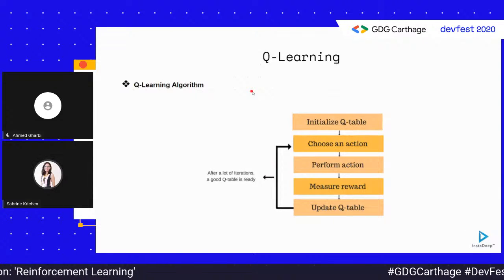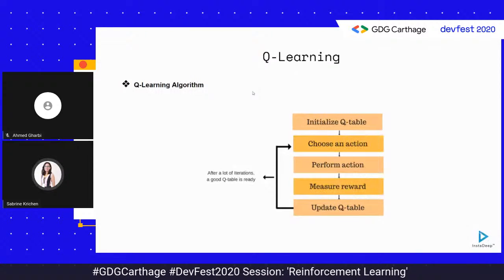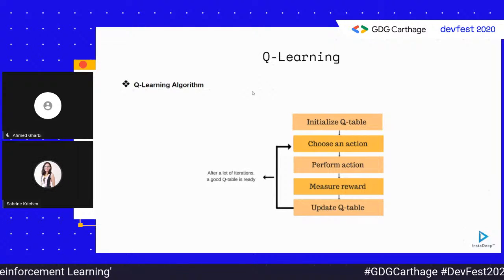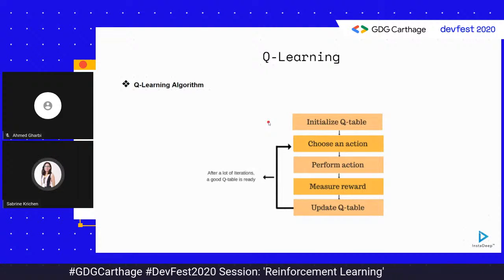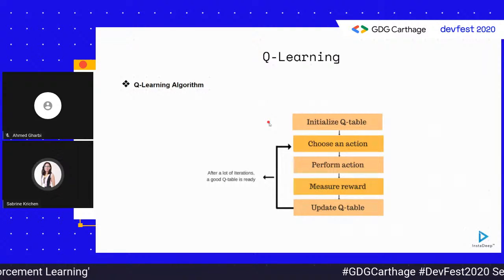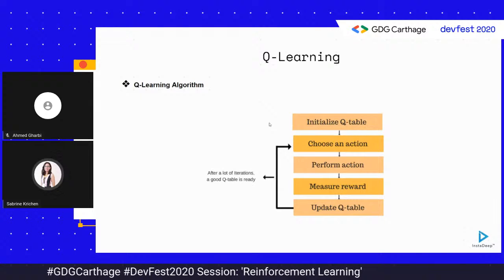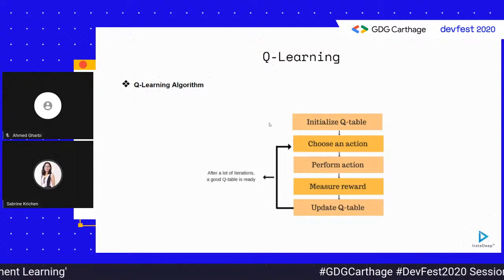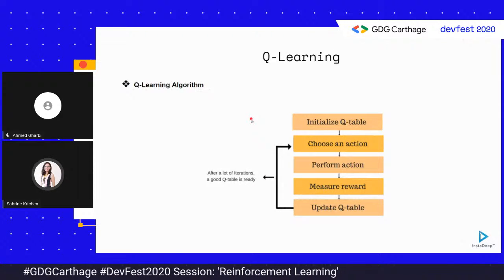So how will the Q-learning algorithm work? First we're going to initialize the Q-table. All the values are going to be 0. Then the agent will choose an action, and then it will perform the action in the environment. It will get a new state, and of course it will measure the reward, and then it will update the Q-table with the equation I showed you in the last slide, and it will repeat the iterations.